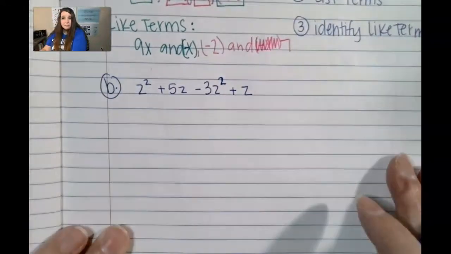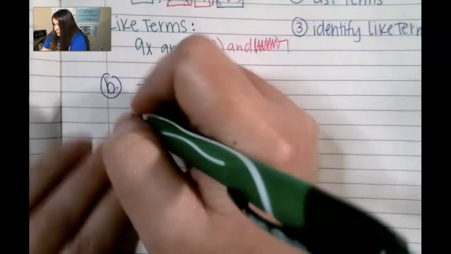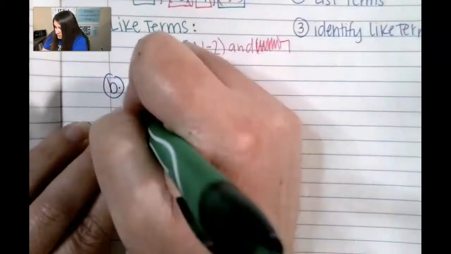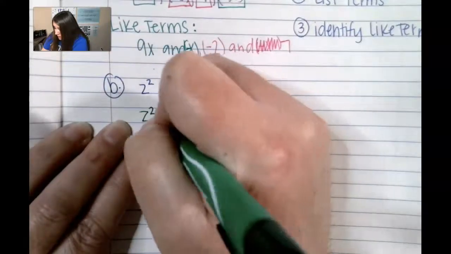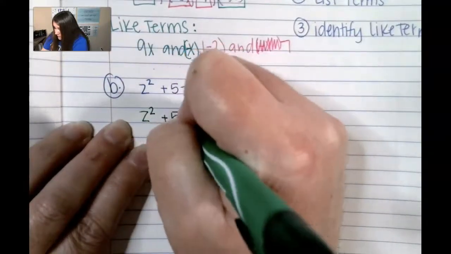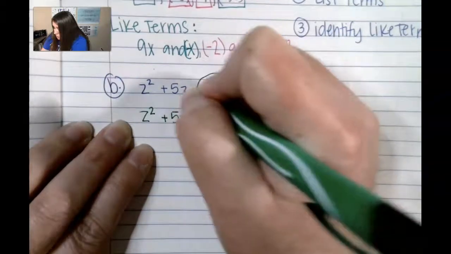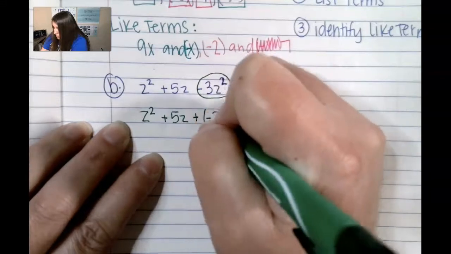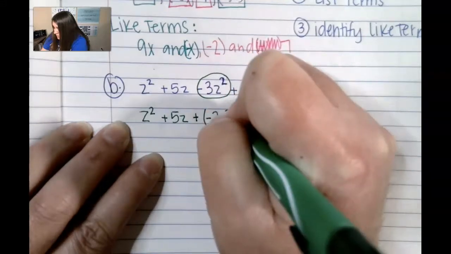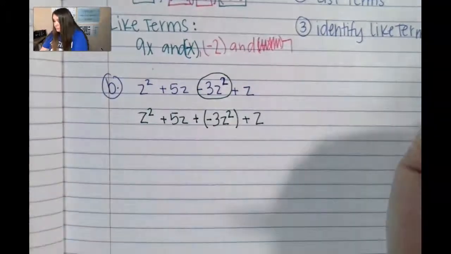So anything that's a minus, we're going to now rewrite this so that it's adding. So I'm now going to have just a z squared still because there's no negative sign. I'm adding 5z. This is the one that matters because there's no addition sign. So we're going to put a plus -3z squared. And then we're going to add a z.